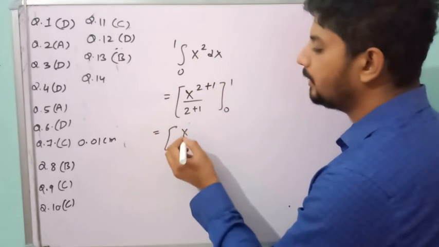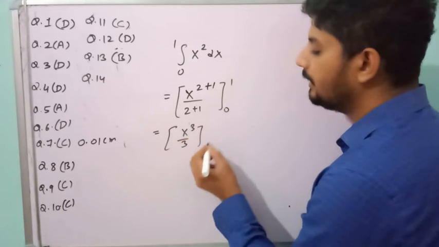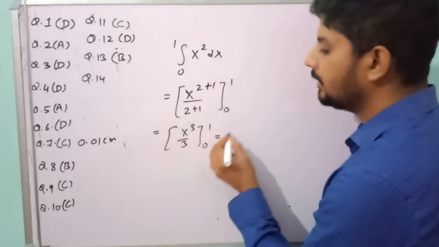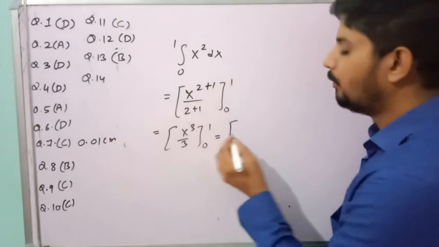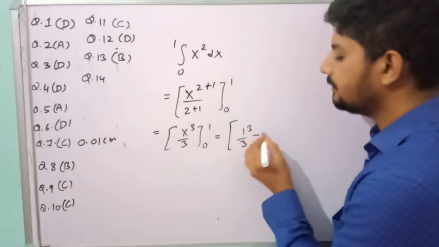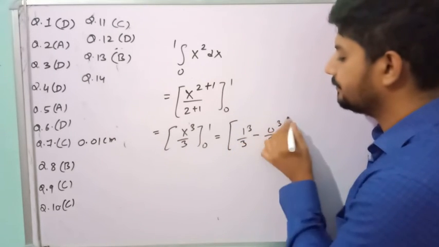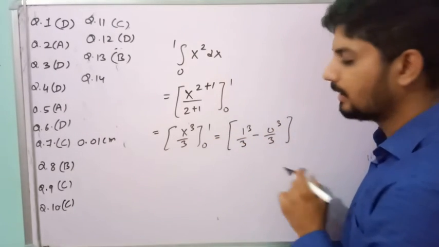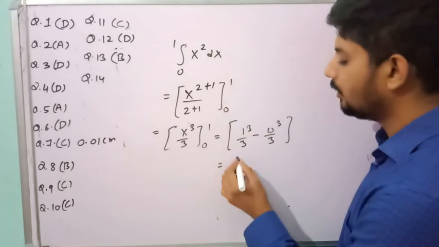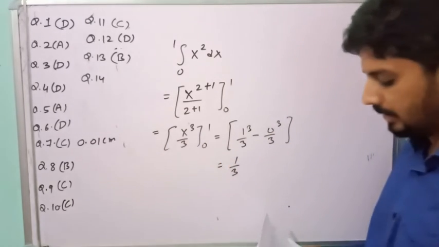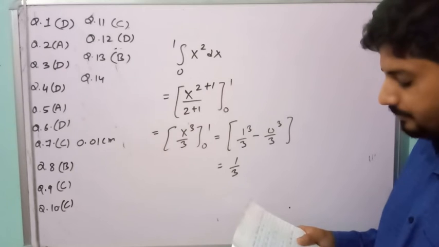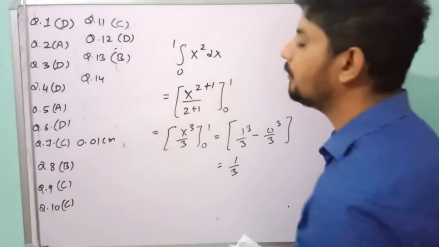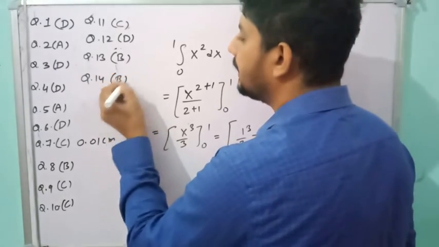So this is going to be equal to x cube by 3, limits 0 to 1. So 1 cube by 3 minus 0 cube by 3, upper limit minus lower limit. Of course the second term is 0 only. So answer will be 1 by 3. So option B is correct.